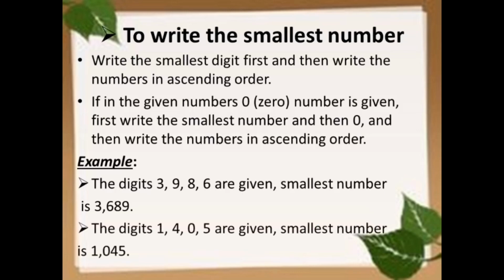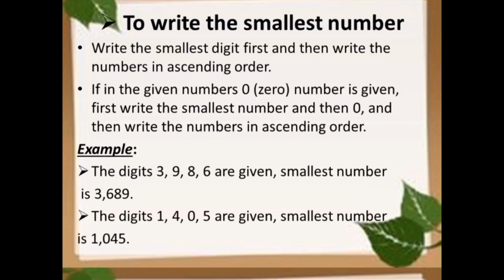And if the digits 1, 4, 0, 5 are given, then first of all you will write the smallest number, that is 1, then you will write 0, and then you will write the remaining digits in ascending order, and on doing so you will get your answer as 1045. Hopefully it is clear to you.